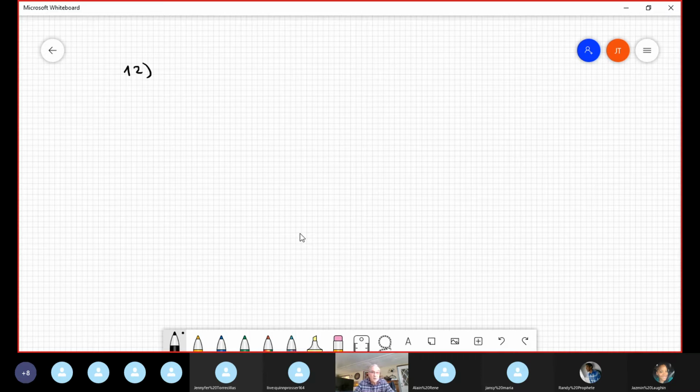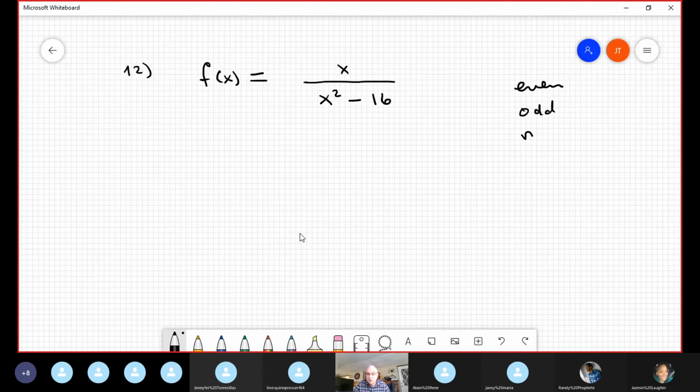Okay, number 12. Number 12 is f of x equal to x over x squared minus 16. By the way, let me skip a step. So you want to prove that this function is even, odd, or neither. What do you think? Using common sense and imagination. Even, odd, or neither?